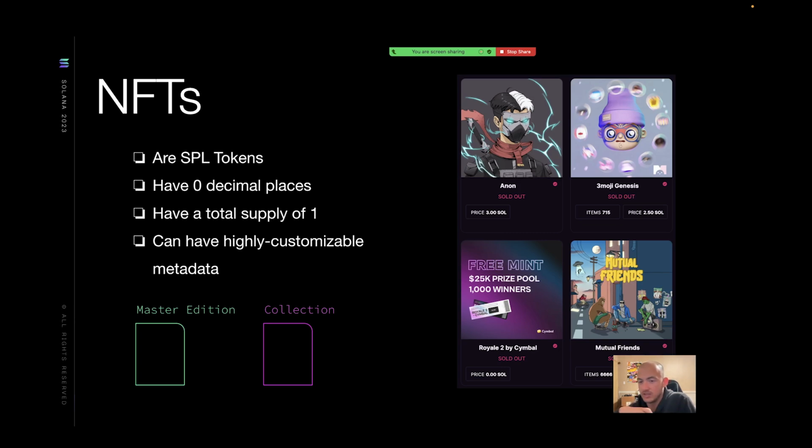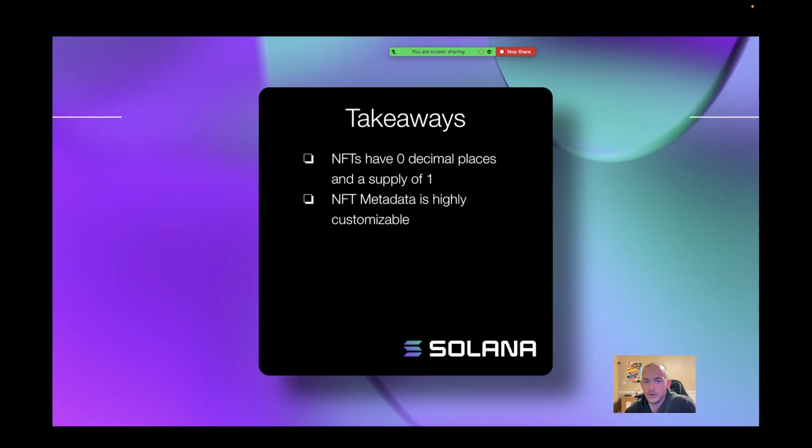And then you can even expand on those existing pieces, and you can create your own. You can write your own program, introduce your own accounts that add supplemental data to NFTs. There's the introduction recently of programmable NFTs, all this kind of stuff. So, tons of stuff to explore with NFTs. The ecosystem is growing really fast around those. So anyway, the basic takeaways for NFTs: 0 decimal places, supply of 1, highly customizable metadata.